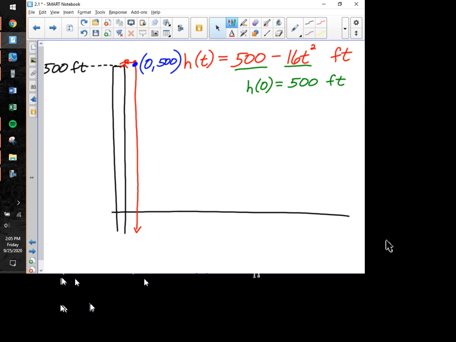X can be whatever it wants to be, and the value of x is not determined by the value of y. Usually it's the other way around. Y is the dependent variable, and to figure out the value of y, you take the value of x and do whatever you need to do to that. Well, in this case, it's the time value that determines the height value.